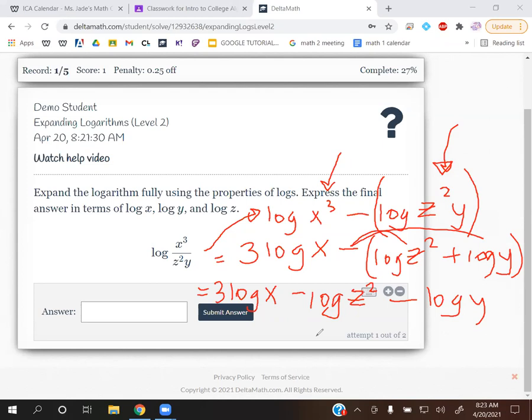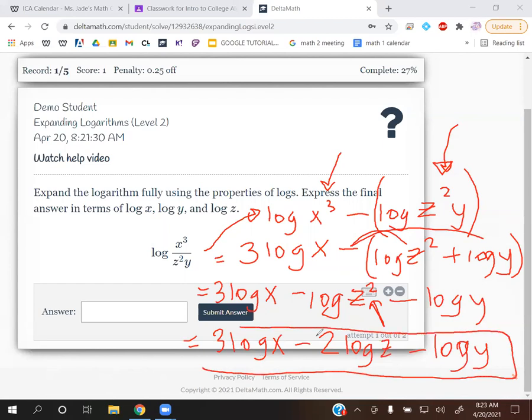And then last but not least, we're going to take that exponent that's over here and we're going to move it to the front of this log piece. So we have 3 log x minus, and then the log z squared becomes 2 log z, and then the minus log y stays. And so this would be your final answer.